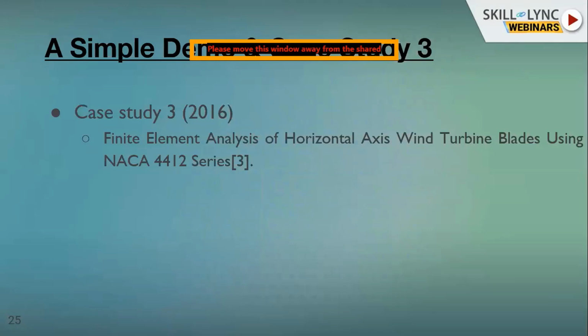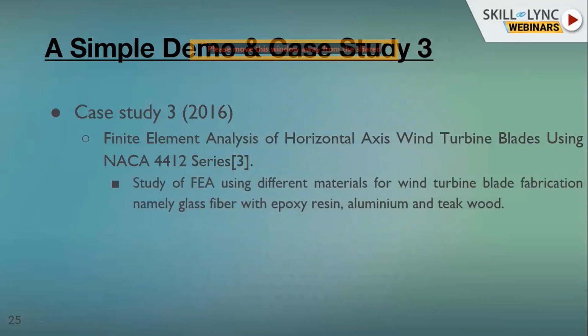So the next case study, that is case study 3. What he has used in case study 3 is finite element analysis of a horizontal axis wind turbine using the NACA 4412 blade series. Those who don't know, a wind turbine is also used for power generation. It is a renewable energy source.